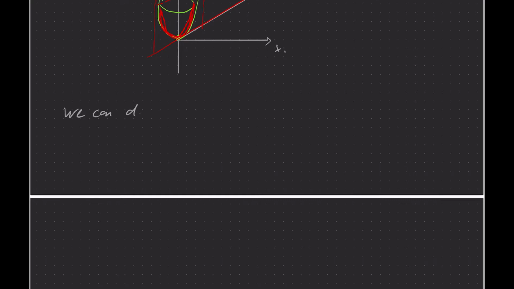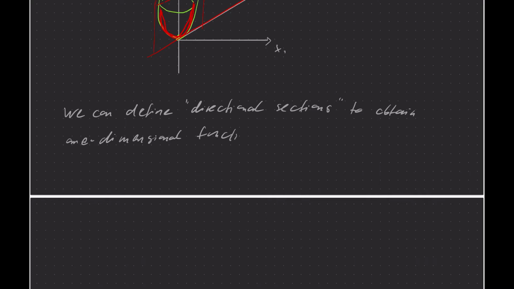We can define something like directional sections to obtain one-dimensional functions from f. And we'll do this in the following way.